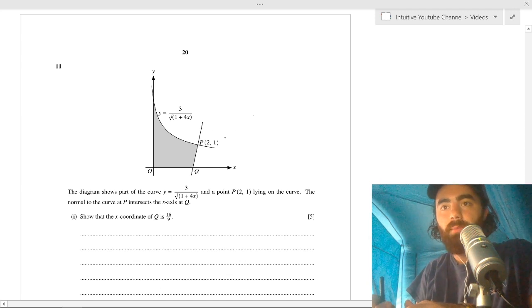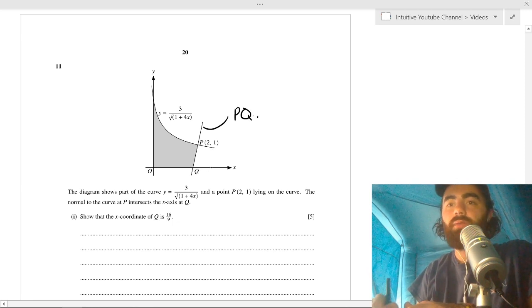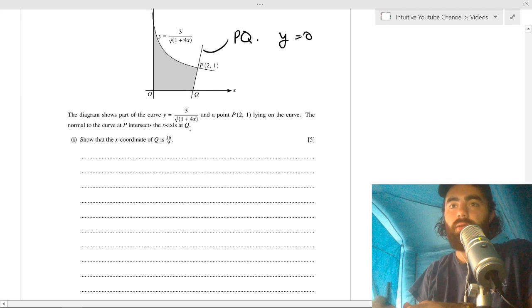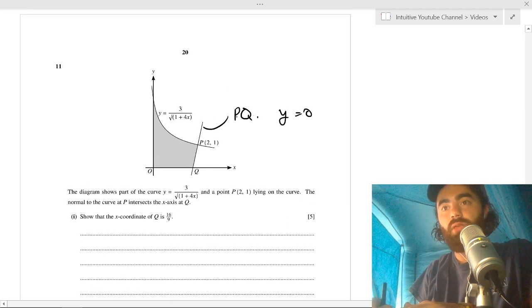Well, in order to do that, I'm thinking, well, I need to find the equation of PQ. And if I find the equation of PQ, I can find where it intersects the x-axis, because it will intersect the x-axis when y equals 0. So let's try and find the equation of PQ.